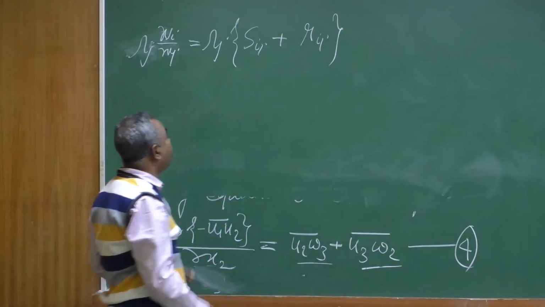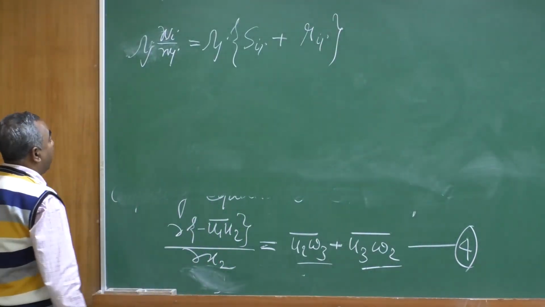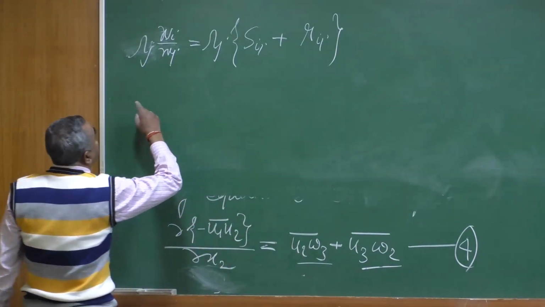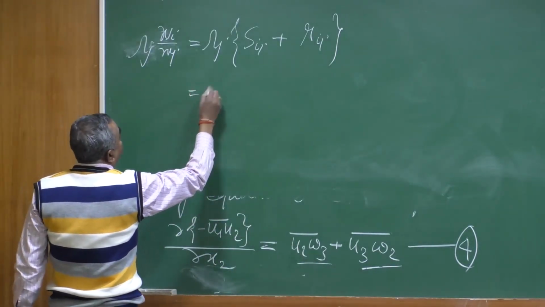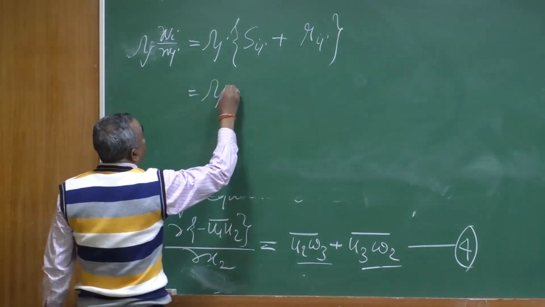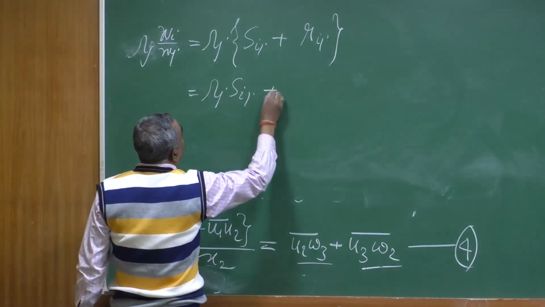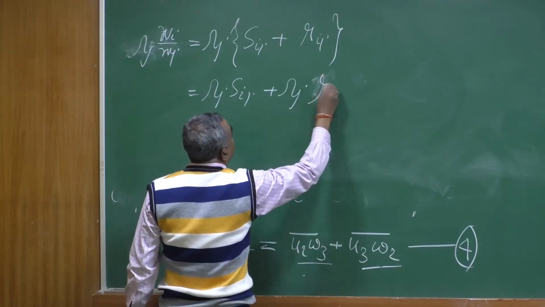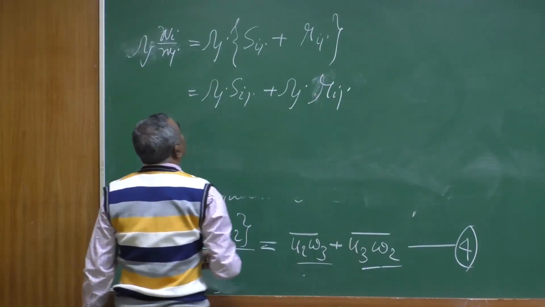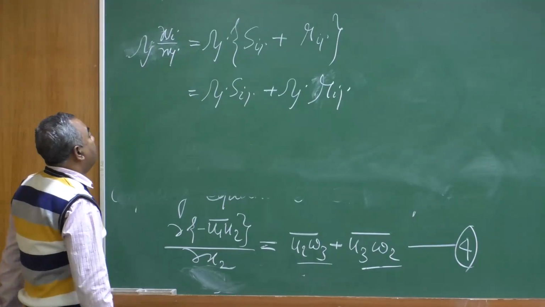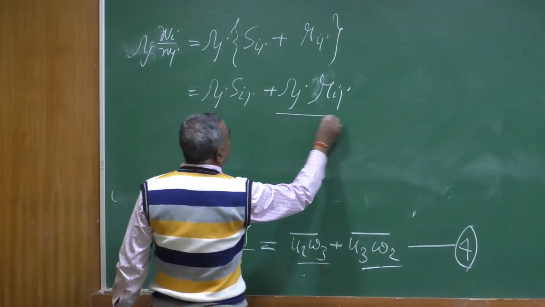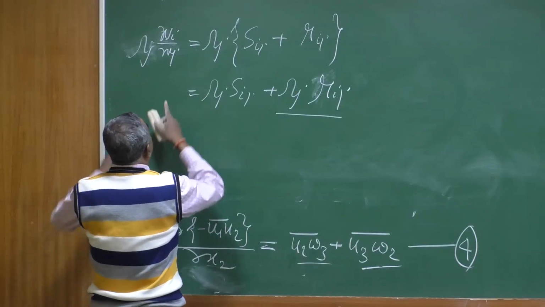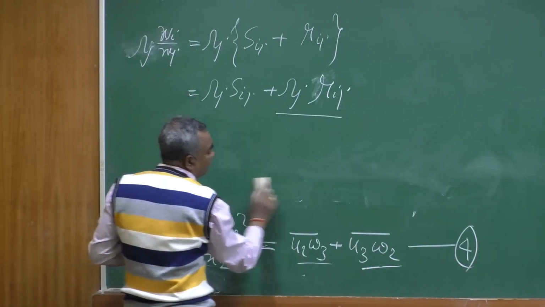So there are two parts we can write. We have to show that the rotation part is 0; then only can we write this equal to this.